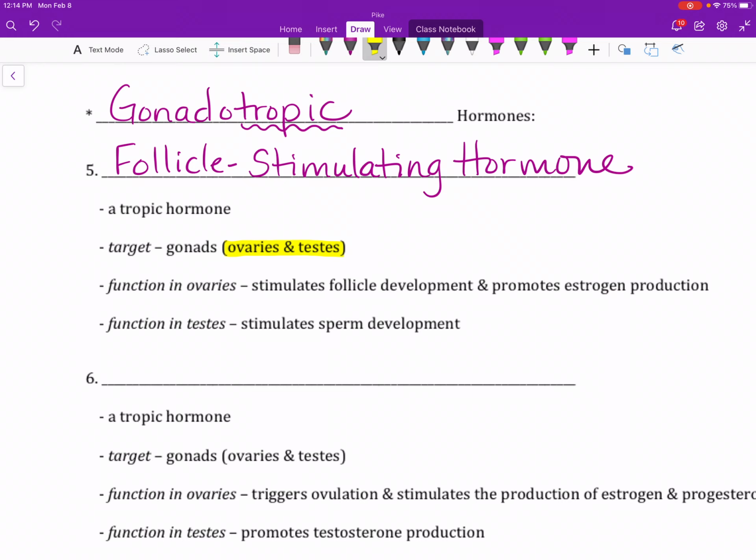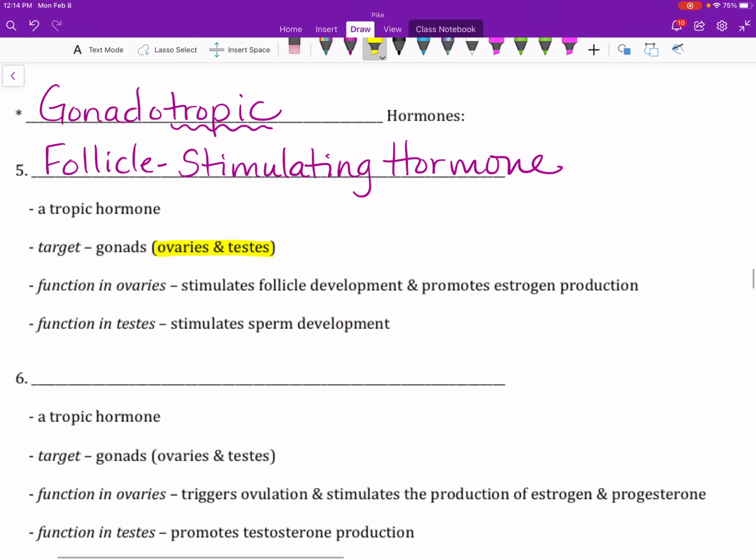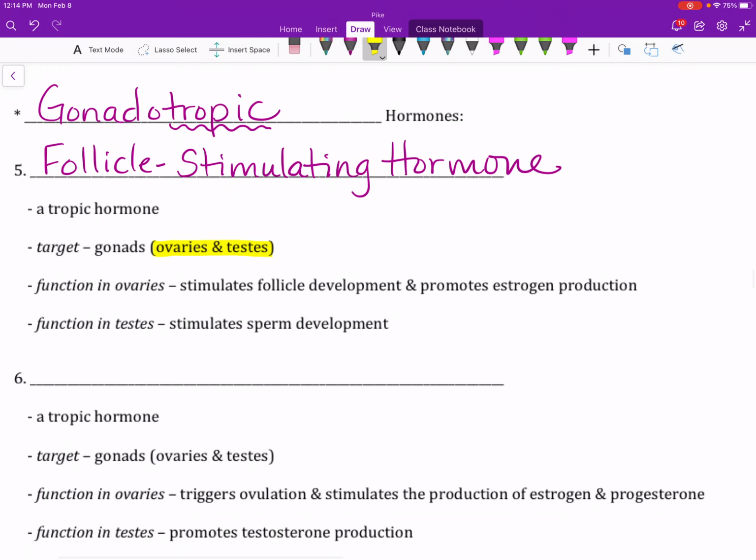So then the function, we have different functions, obviously. The function in ovaries is it stimulates follicle development and promotes estrogen production. So follicles are found inside ovaries. Ovaries have many follicles.